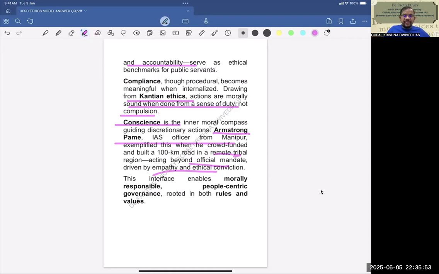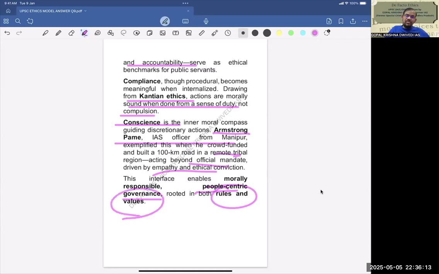Now, the interface between ethics and human interface, and corruption, conscience, and compliance, enables morally responsible, people-centric governance rooted both in rules and values.